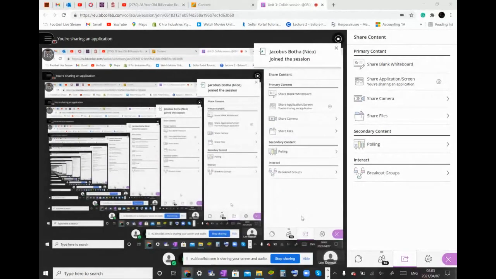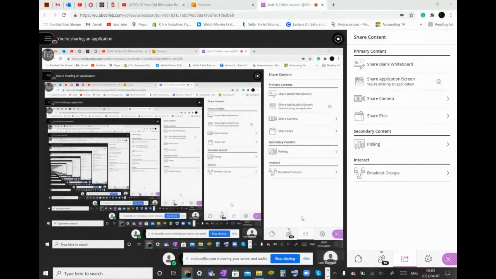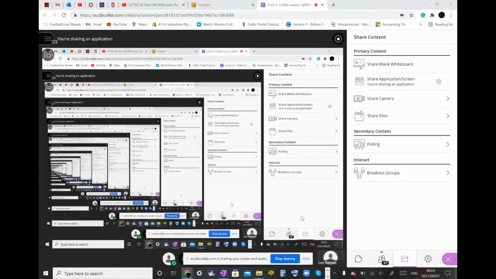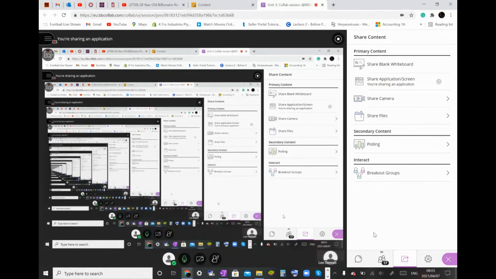But at this juncture, I can tell you can obviously see my screen, which is perfect. So yeah, as I said, we will be now getting into Unit 3.